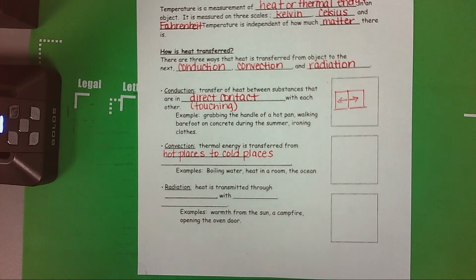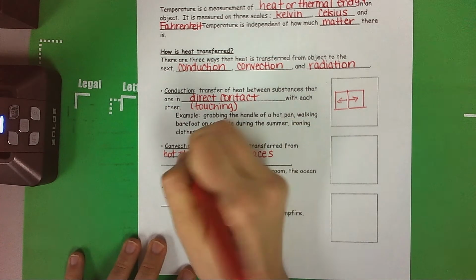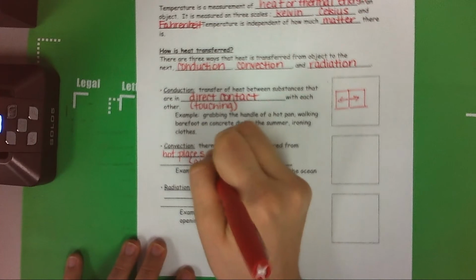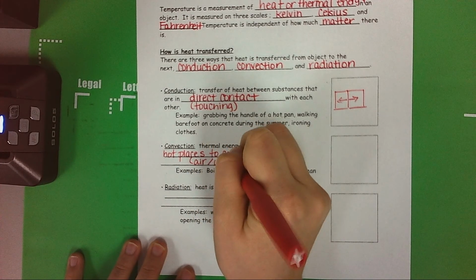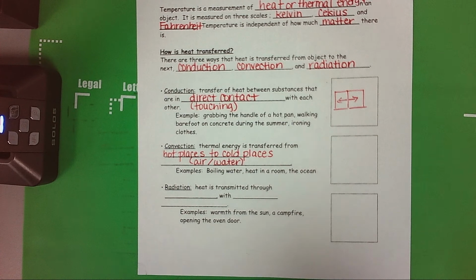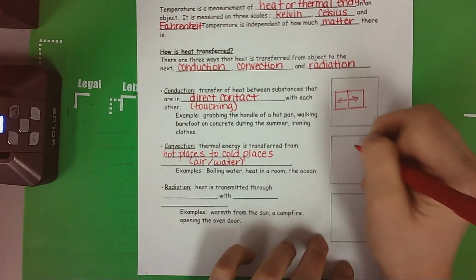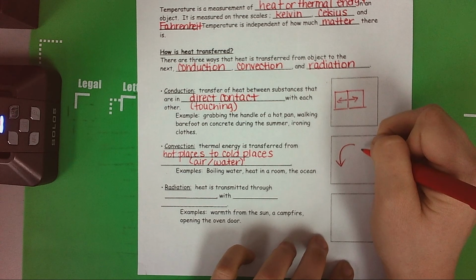The heat from the water boils up into the air, and so the air around the water is warm. Heat in a room. Okay, so we like to think of convection with air or water. Okay, it's like the heat is being transferred through a current.